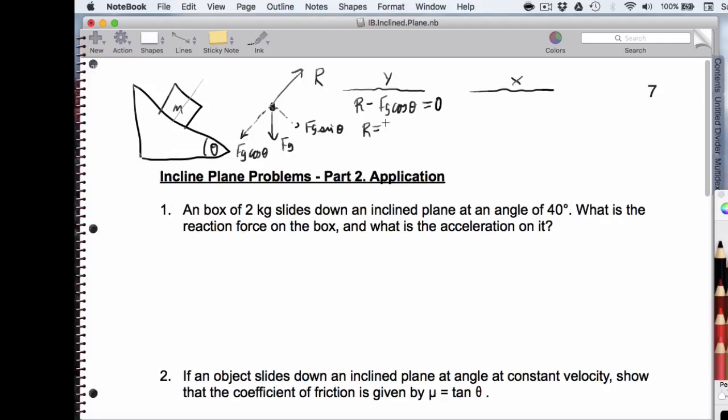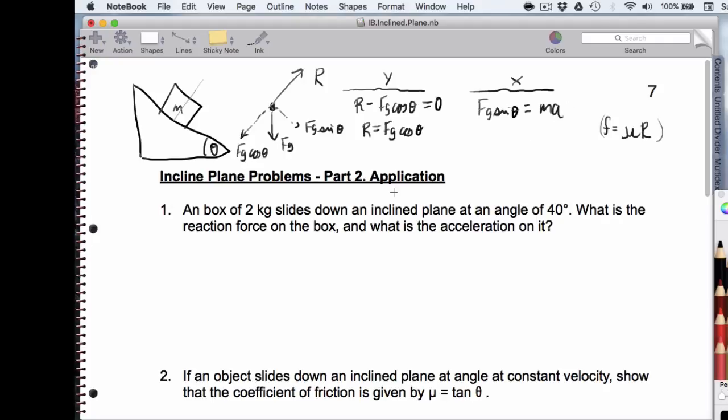So R is FG cos theta. True, but not useful for this part, but we will use this when we get to friction, because in question 2, we need to remember that the friction is mu times the reaction force. Just as an aside.